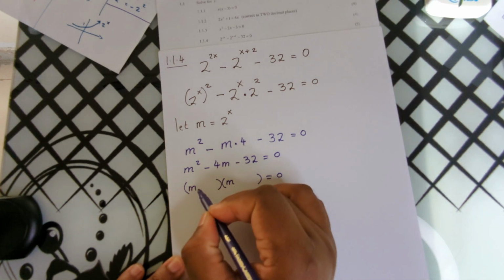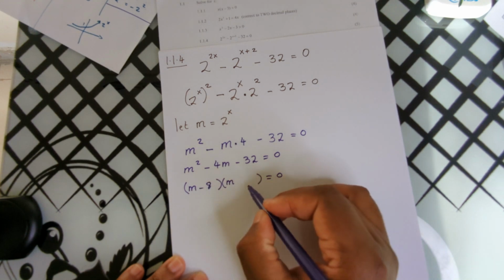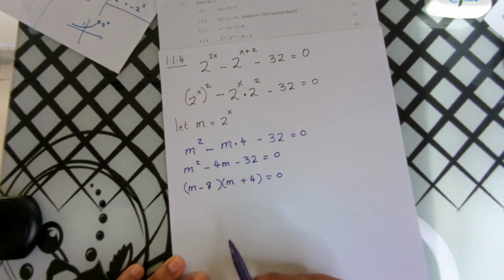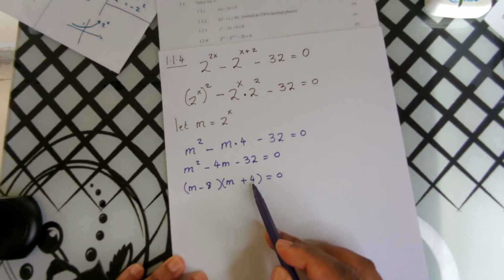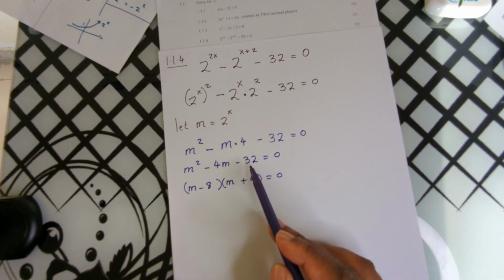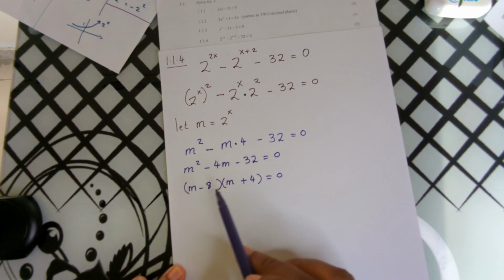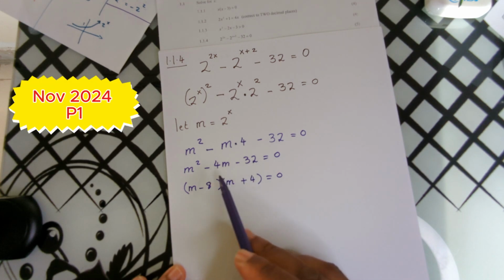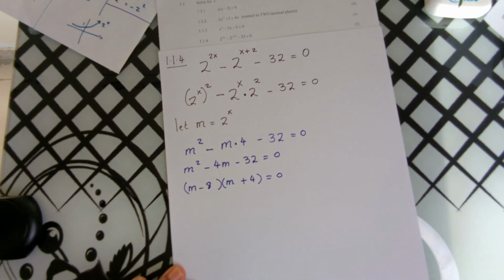And those two numbers are negative 8 and positive 4. If you multiply negative 8 by positive 4, you get negative 32. And if you add negative 8 plus 4, it gives you negative 4.